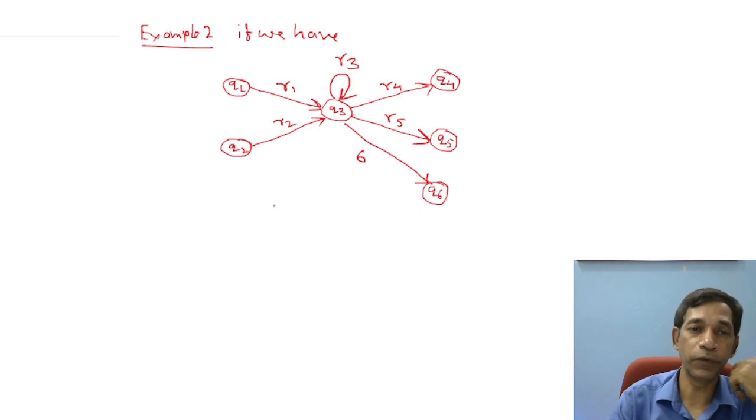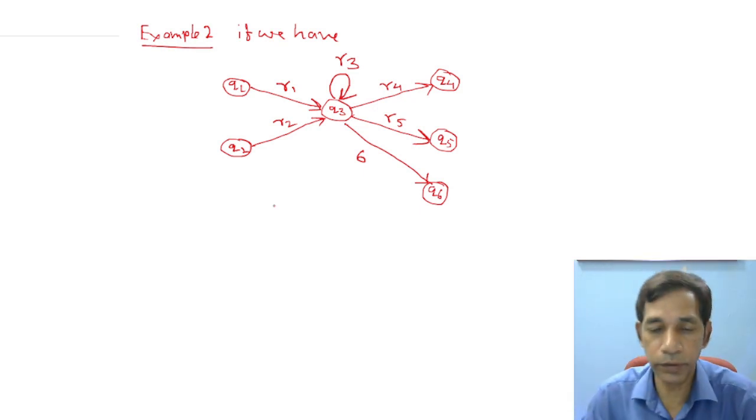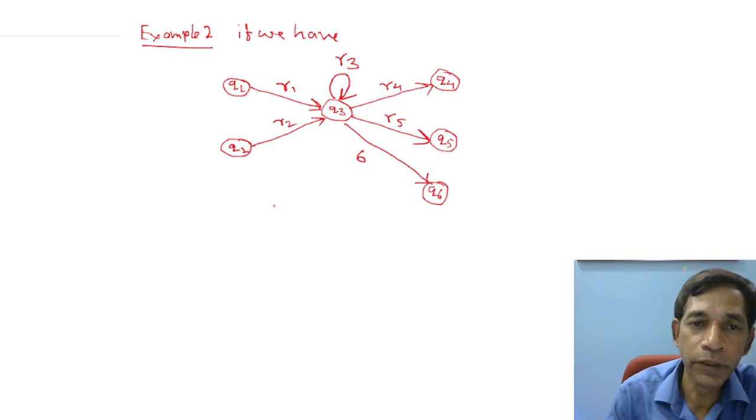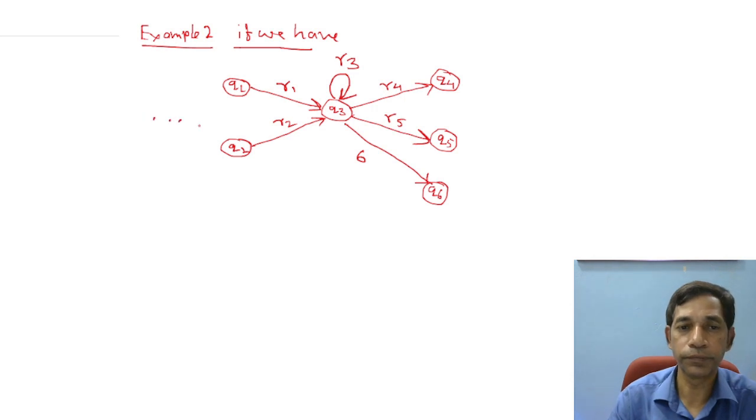Let us see example 2 now. During this process of obtaining the regular expression, suppose we have a situation like this. You have states Q1, Q2, Q3, Q4, Q5 and Q6.